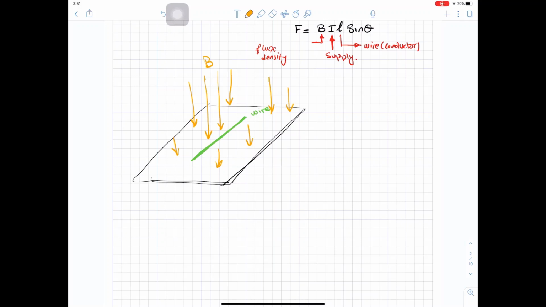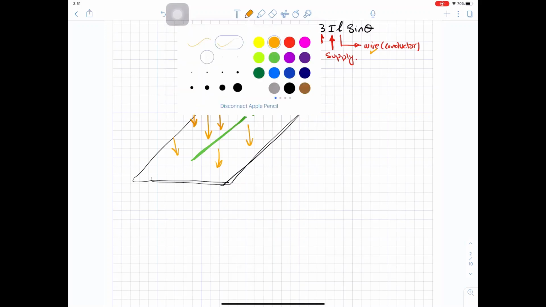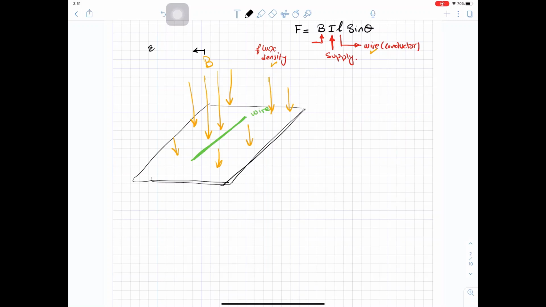So this is flux density B. So we have two components. We have a wire, we have a flux density, and this flux B can be from an electric or permanent magnet.